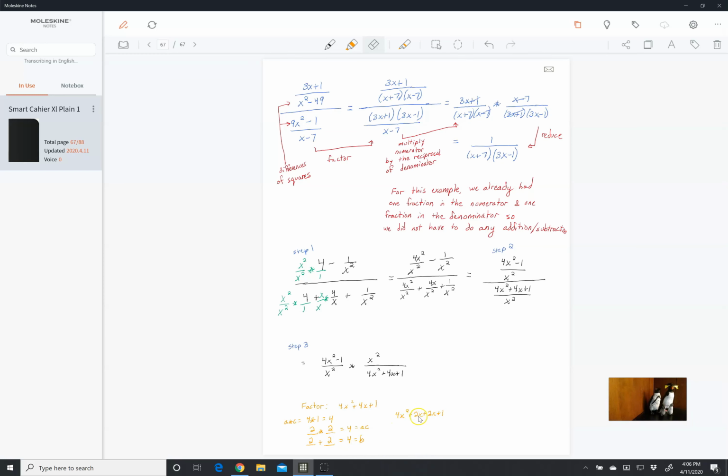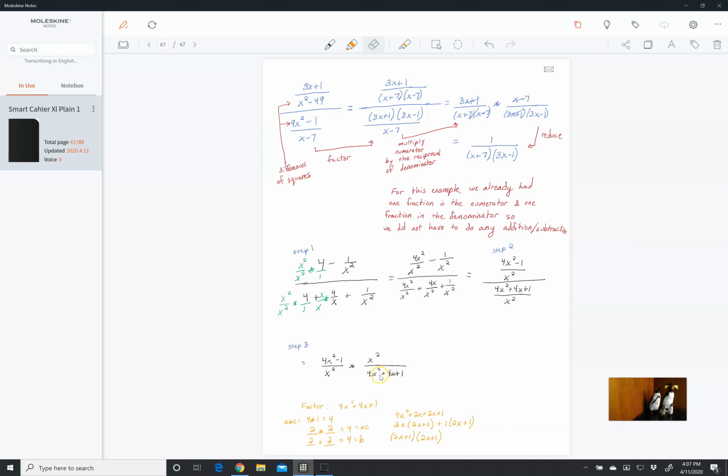From these first two terms, we can factor out a 2x, so it becomes 2x times 2x plus 1. From the second set, we can't factor anything out, so it just becomes 1 times 2x plus 1. If we pull out the 2x plus 1, we get a 2x plus 1 times a 2x plus 1.